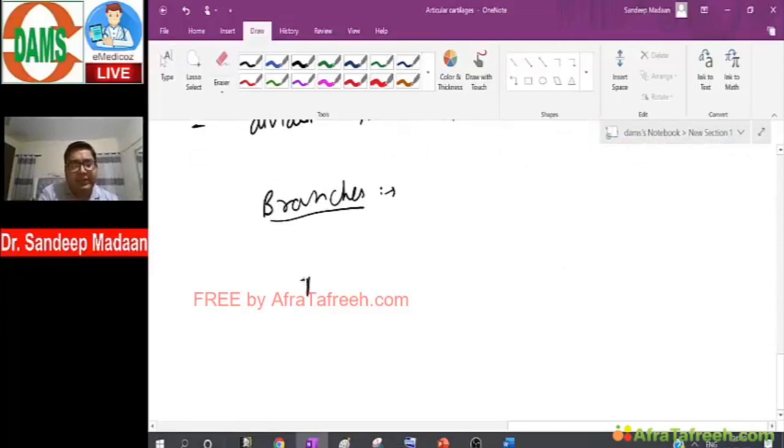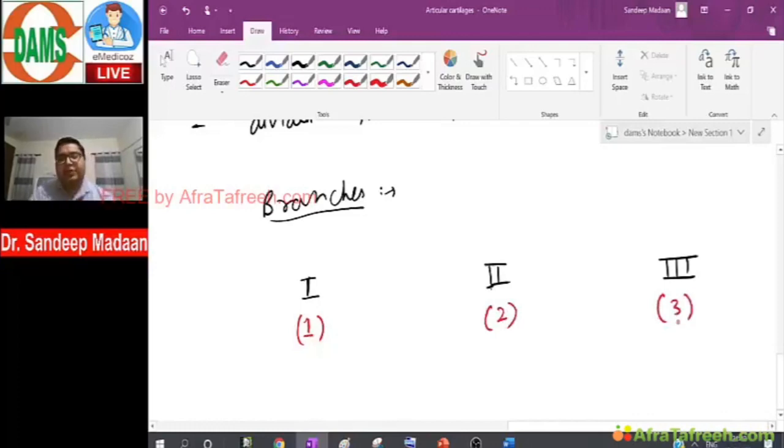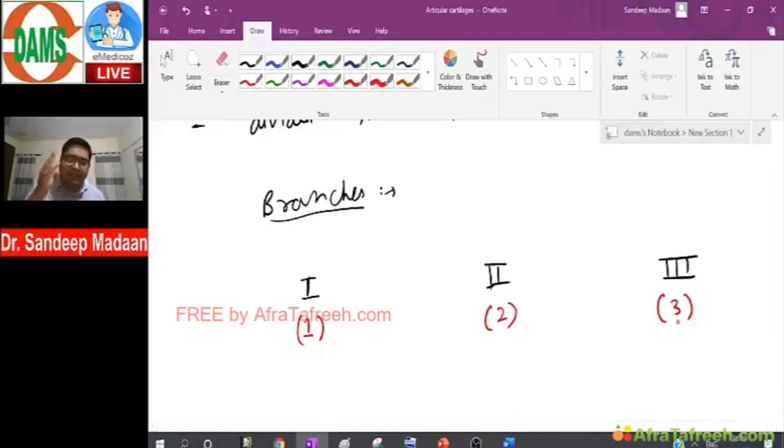First part, second part, and third part. The first part gives only one branch, the second part gives two branches, the third part gives three branches. So altogether six branches are there.